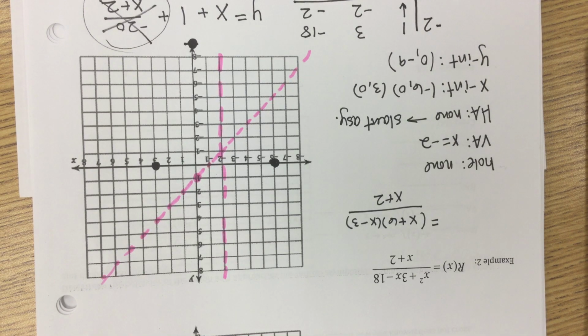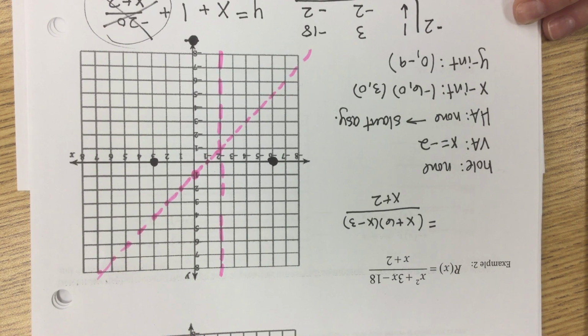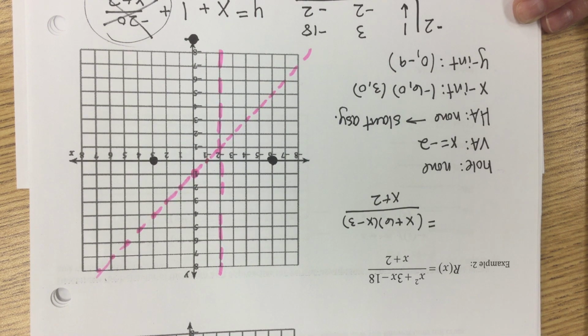Now, the last thing that we have to do is check and make sure that we are not crossing our slant asymptote. And so just like we were checking to see if we were crossing our horizontal asymptote, we would set the equation equal to the horizontal asymptote.